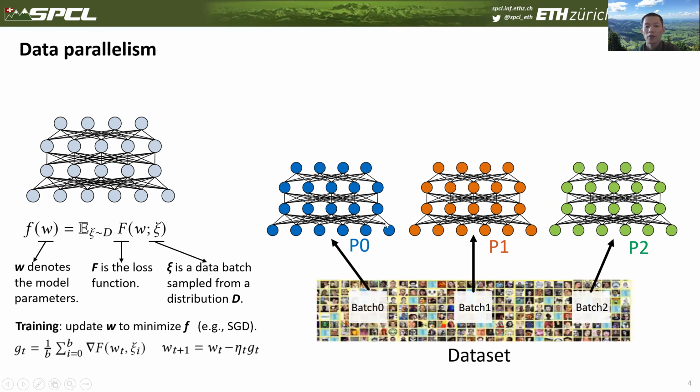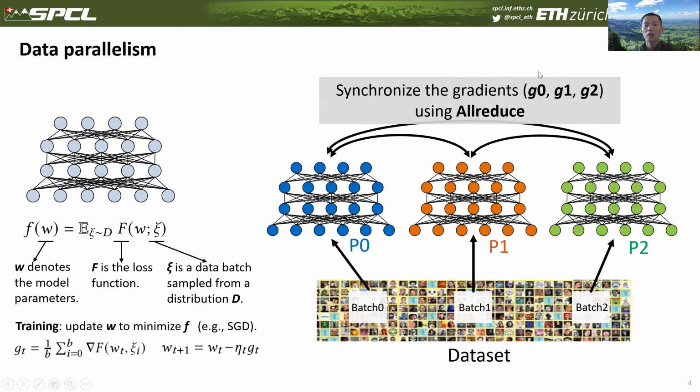In data parallelism, each worker maintains a copy of the model, and each worker samples a different data batch from the training dataset. After the computation of the local gradient is finished, it will conduct an Allreduce operation to globally synchronize the gradients among the workers.